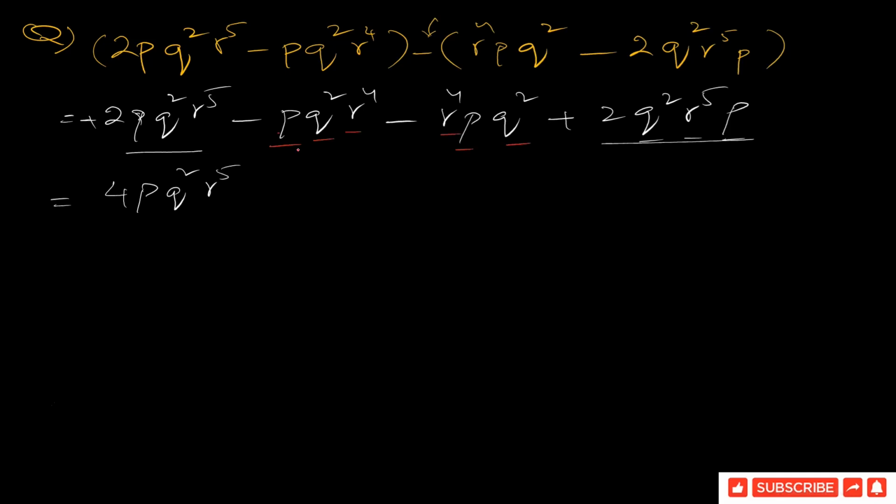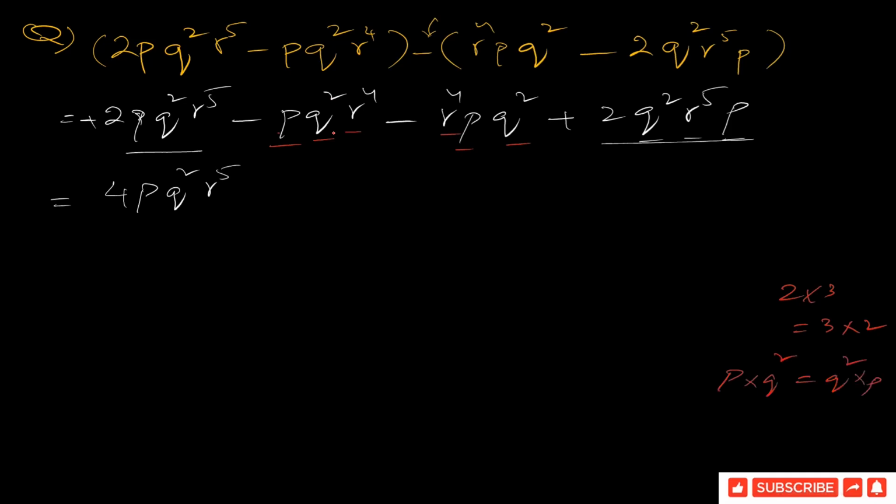Did you notice that p, q squared and r^4 are not in the same place over here, but they are the same because they are being multiplied? In the same way, 2 times 3 equals 3 times 2, right? Similarly, p times q squared is equal to q squared times p.